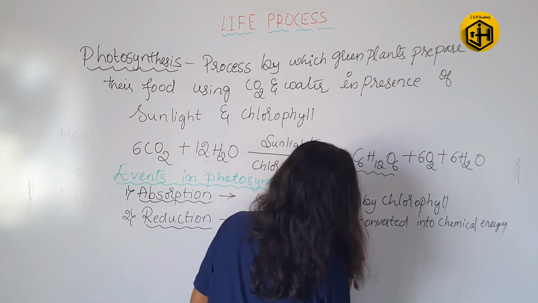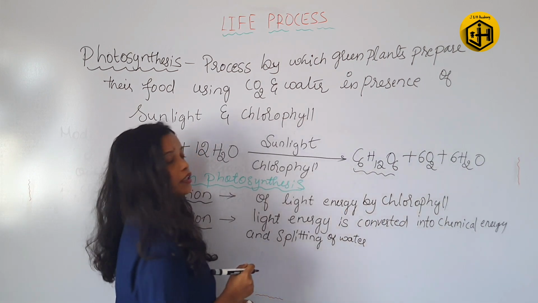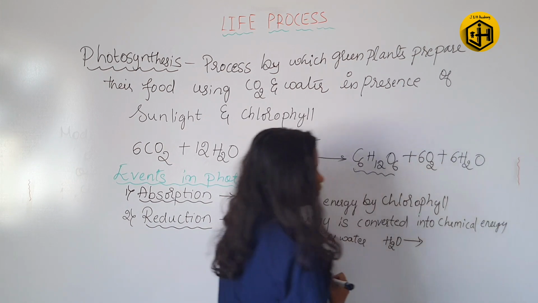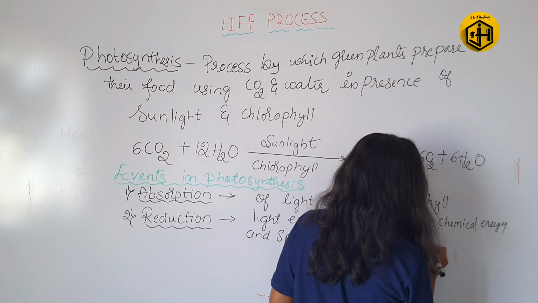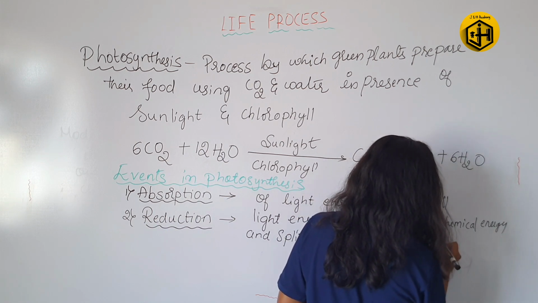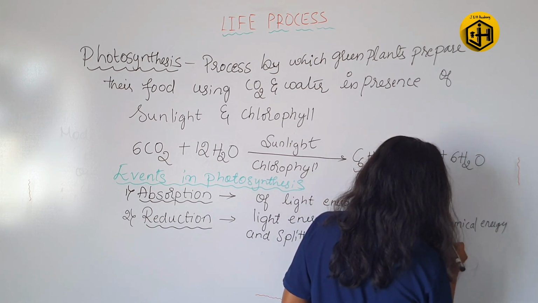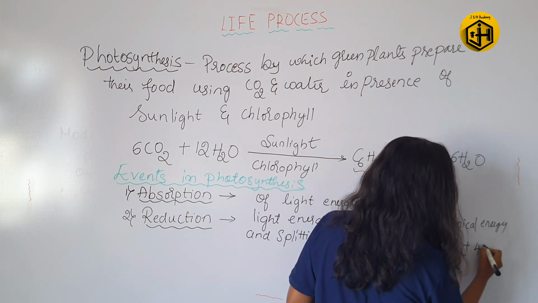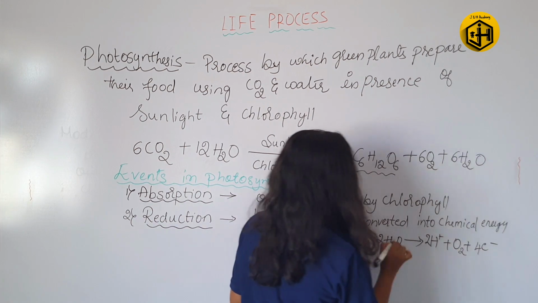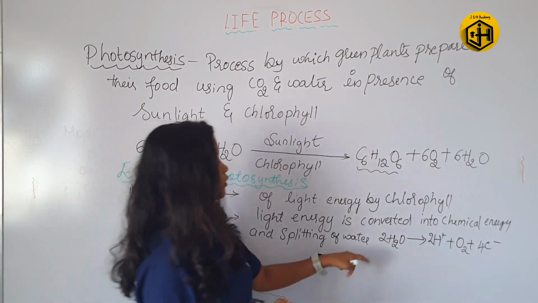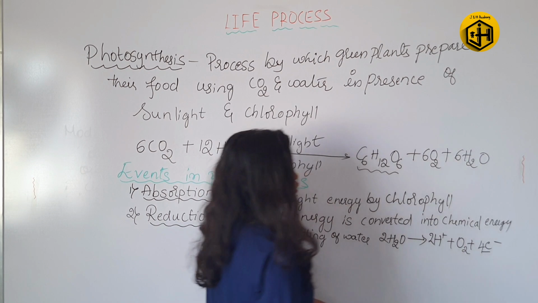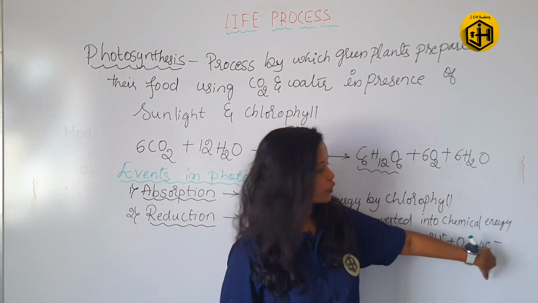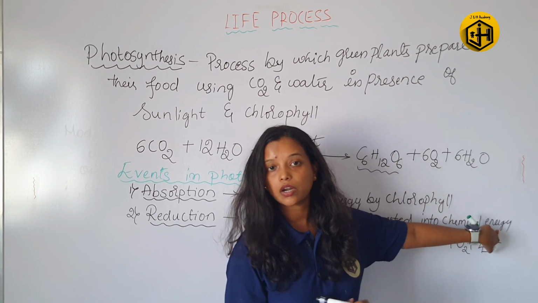So what is the splitting of water? The water molecule gets split into H plus, oxygen and an electron. This electron is used to produce chemical energy along with the sunlight.